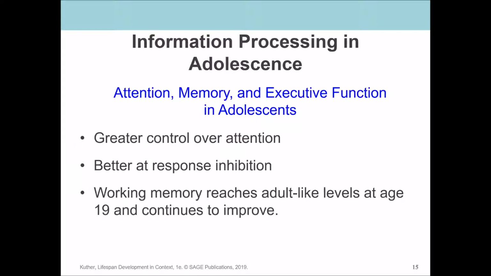Adolescents are also better at response inhibition, not responding and not activating cognitive operations in response to a stimulus. So, for example, there may be well-learned behaviors that are sometimes difficult to inhibit, but sometimes the behaviors are inappropriate.